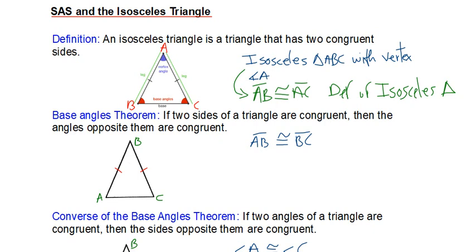So in this case, the theorem says that if you have two congruent sides, the angles opposite them are congruent. So angle A would be congruent to angle C. If you are given that AB is congruent to BC, then you can conclude that angle A is congruent to angle C, and the reason would be the base angles theorem.